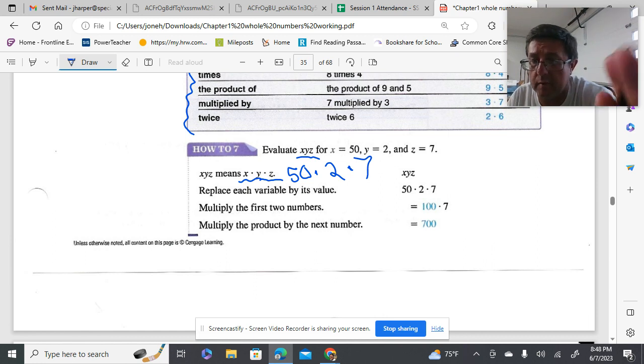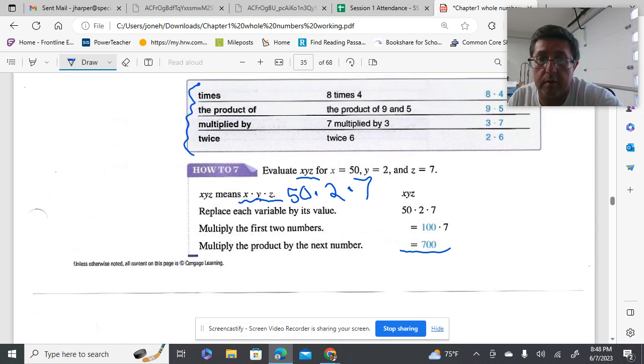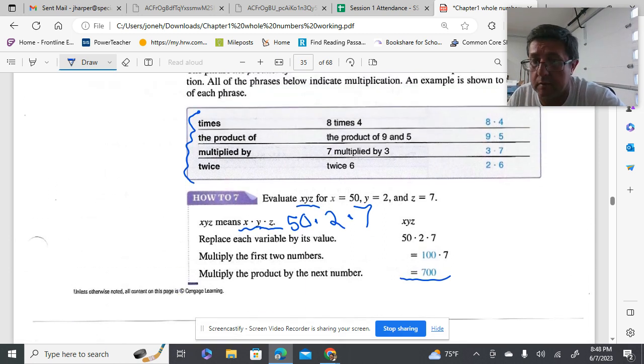So you go 50 times 2 is 100. 100 times 7 is 700. So down here for the answer, we have 700. That's fairly easy to do, and it's very easy if you have a calculator. I can do it in my head, but there's a lot of math that I can't.